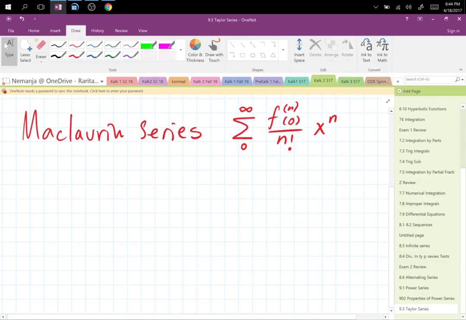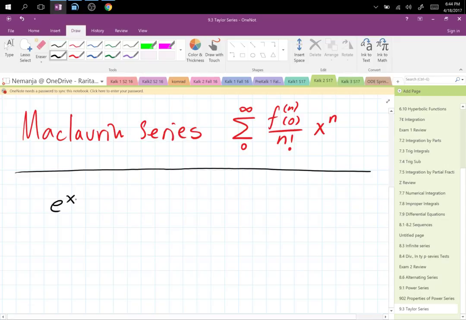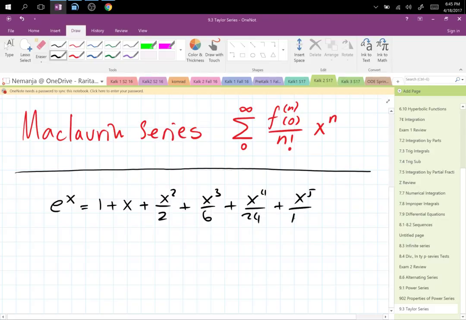It's important for us to understand that you have to center your series properly. If you are approximating the function e to the x, you will write 1 plus x plus x squared over 2 plus x cubed over 6 plus x to the 4 over 24 plus x to the 5 over 120 plus, and it goes on forever.